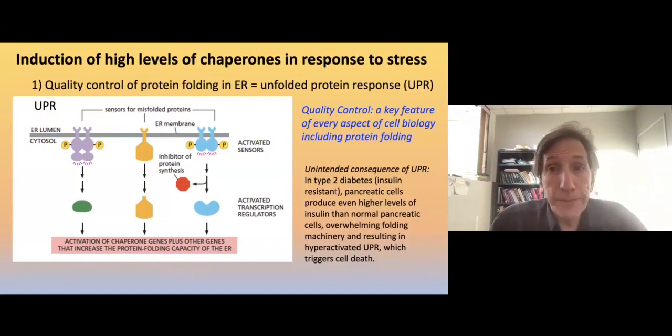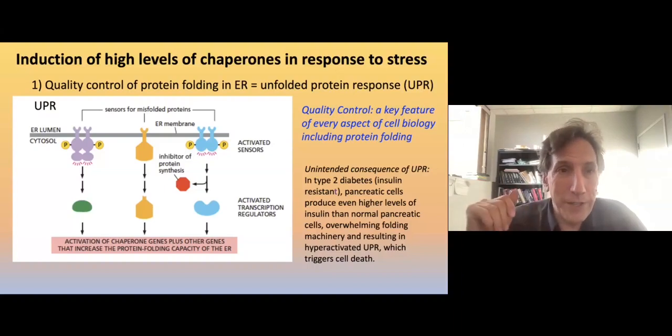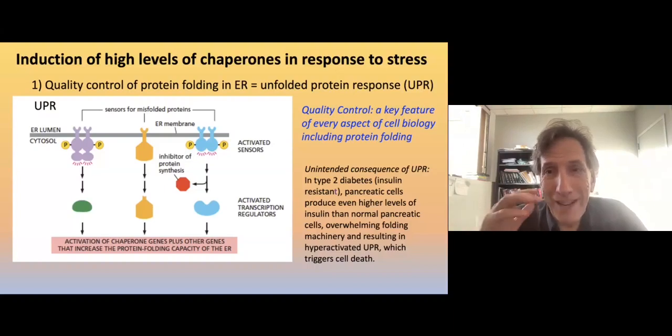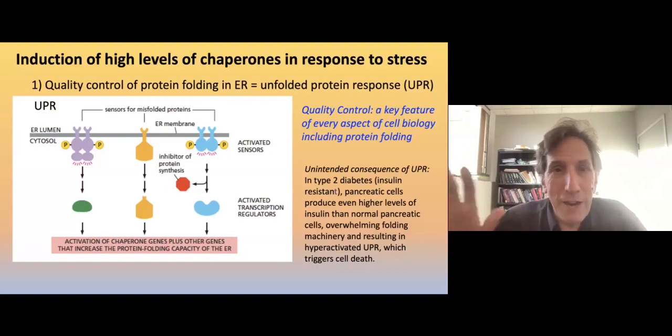So let's see. Another thing while we're on the subject of chaperones like BiP and how they work is to talk about the unfolded protein response. The unfolded protein response is a way of turning up chaperones under stressful conditions. If you have stressful conditions like high temperature, folding is not really happening very well.